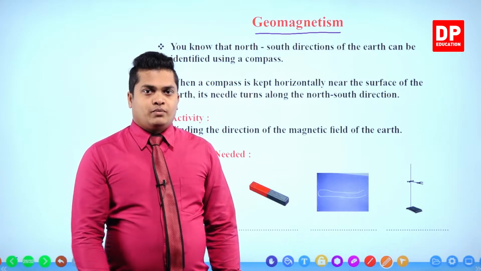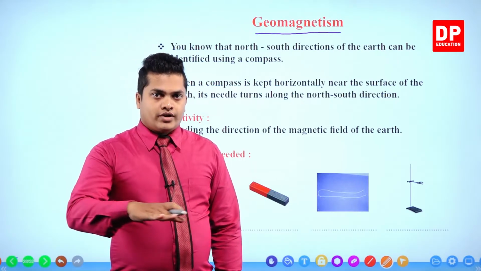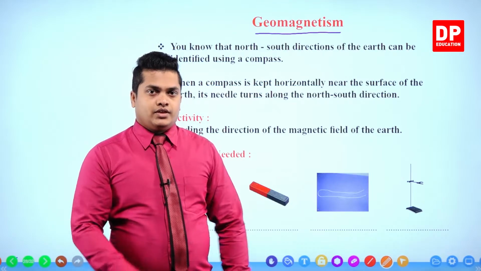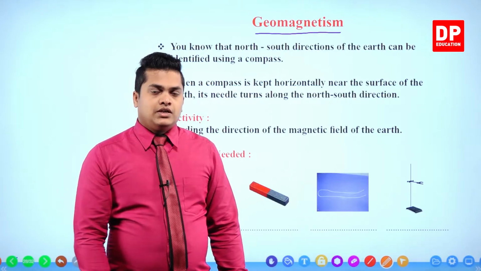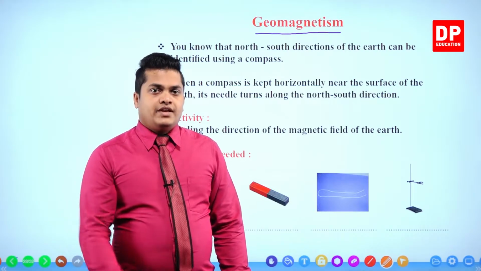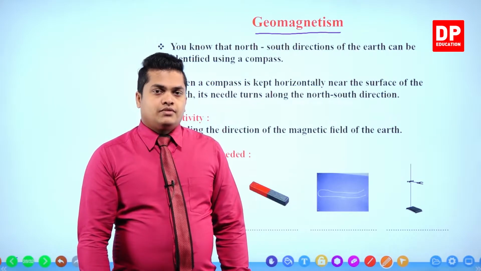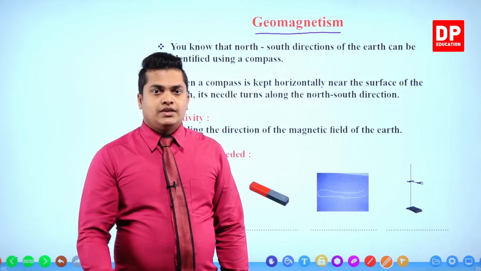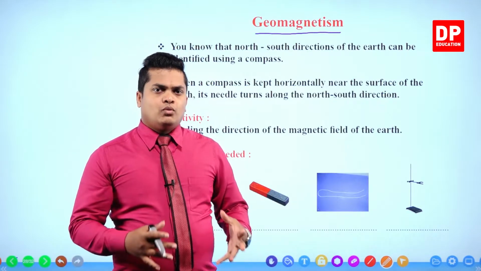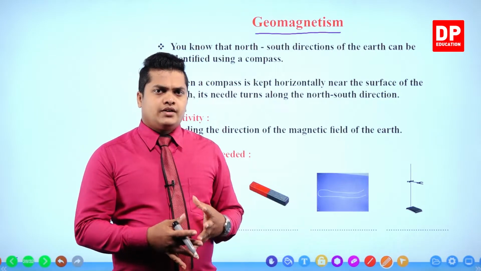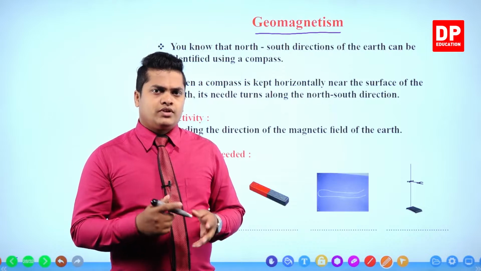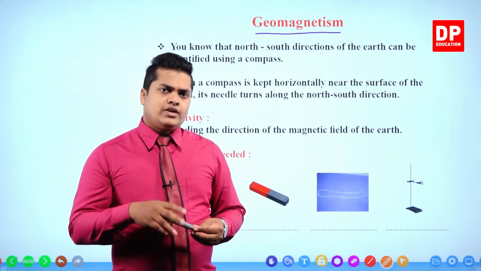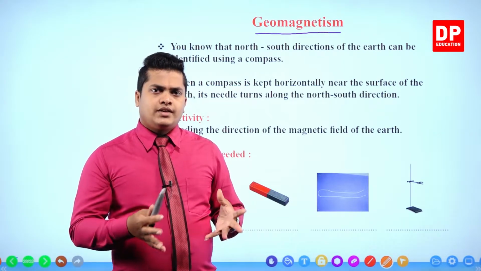Let's imagine that I'm going to place a compass on the earth, on the ground. When it is kept on the ground, we can observe that it will point north and south. So why does a magnet always turn to north and south? Why is it not turned to other directions like east or west?